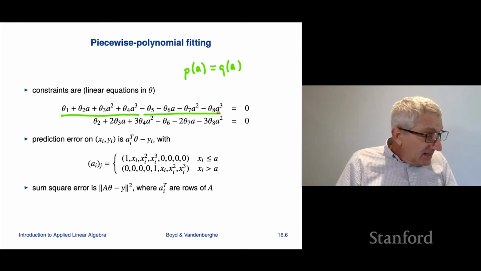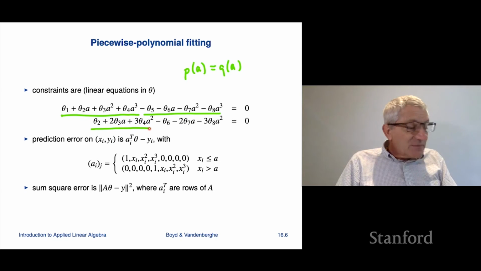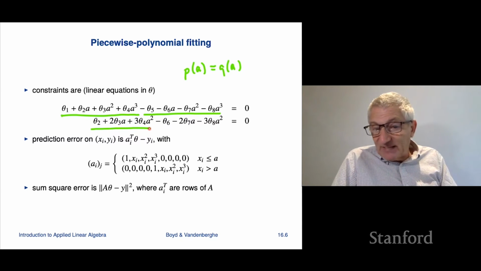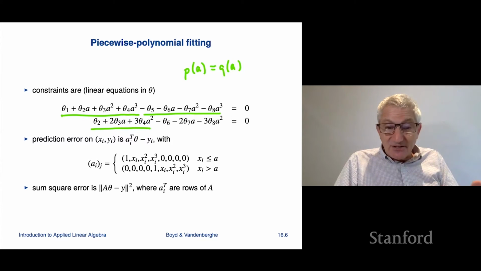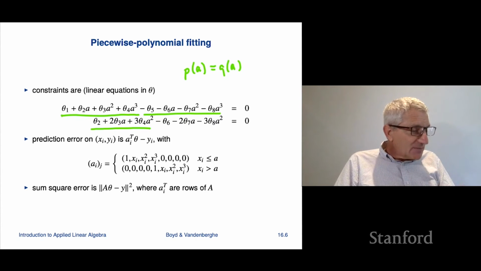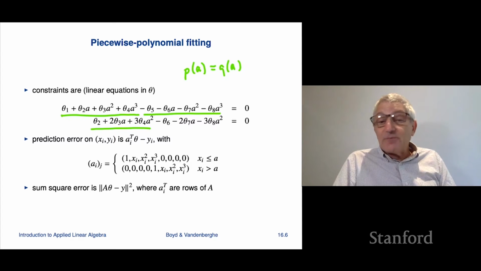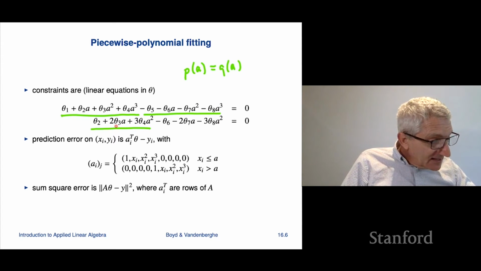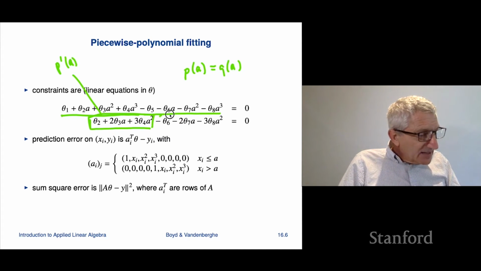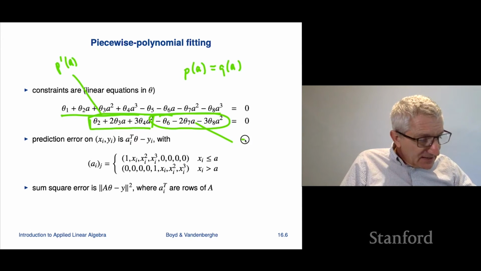And then this expression here is p prime of a, because p prime is the derivative of this polynomial, theta 1 plus theta 2 x plus theta 3 x squared. You take the derivative and you get this. So that is p prime of a. And this thing here is minus q prime of a.